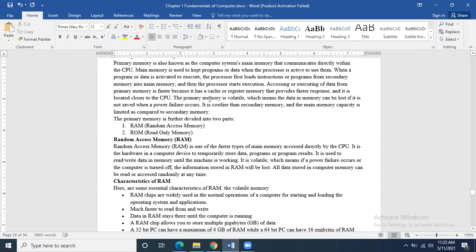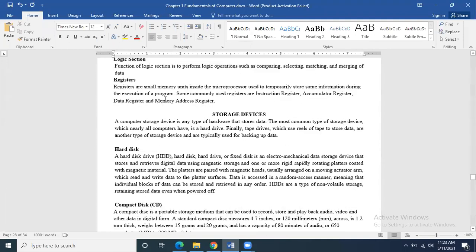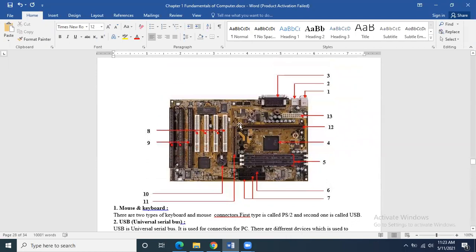So primary memory has basically two types: the RAM, random access memory, and the ROM, read only memory. These two types are located on the motherboard, and I had shown you one image in your last work, and I had discussed with you the structure of the motherboard.